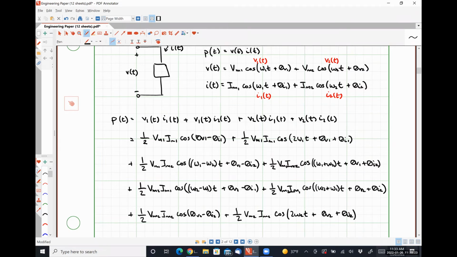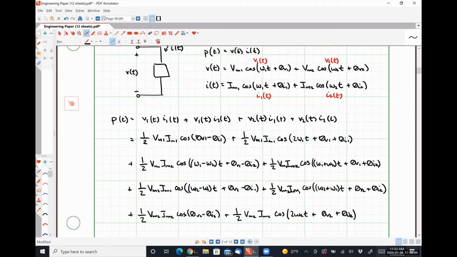Incorrectly, technically, because superposition shouldn't work for power quantities, because power inherently is nonlinear. If you recall, superposition is all about having a linear network, and you can turn off voltage sources and current sources.